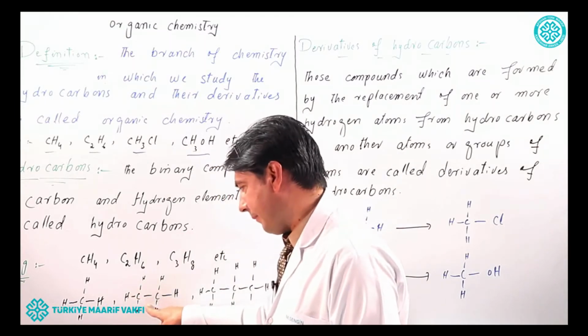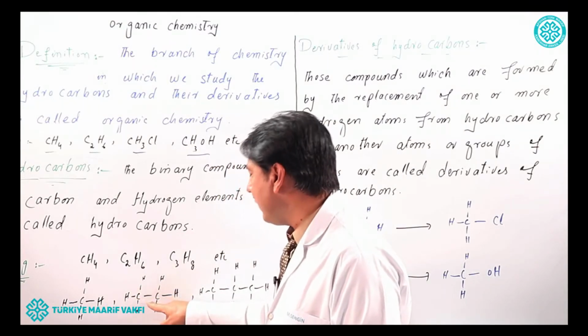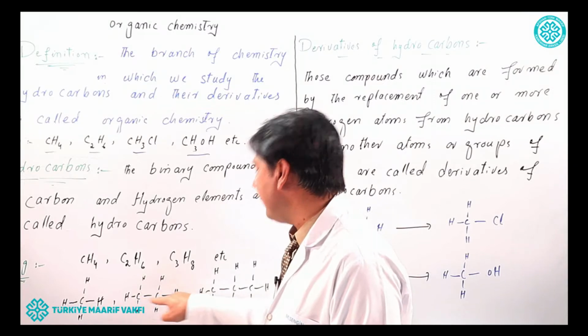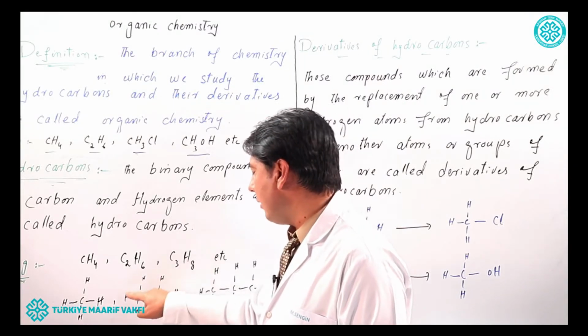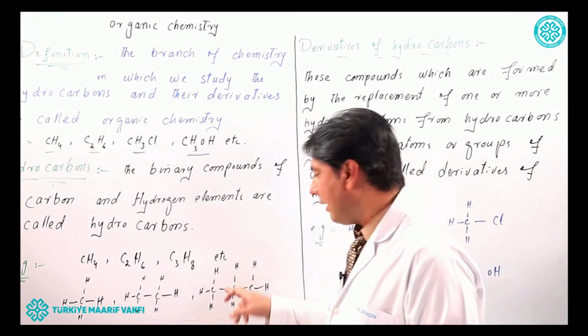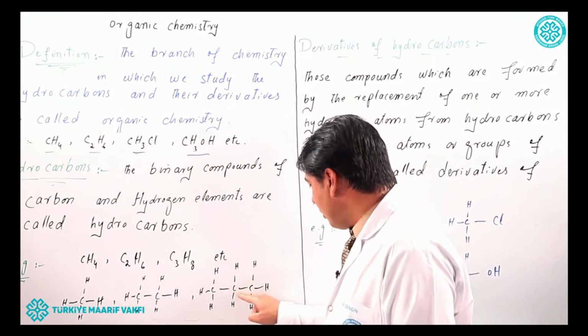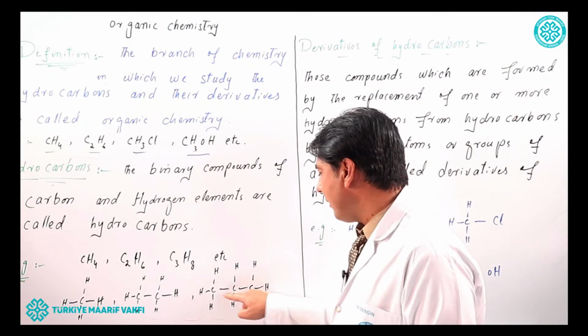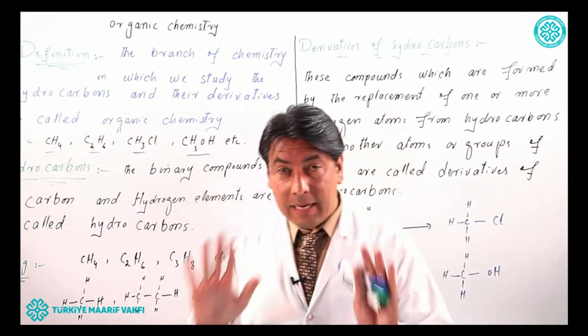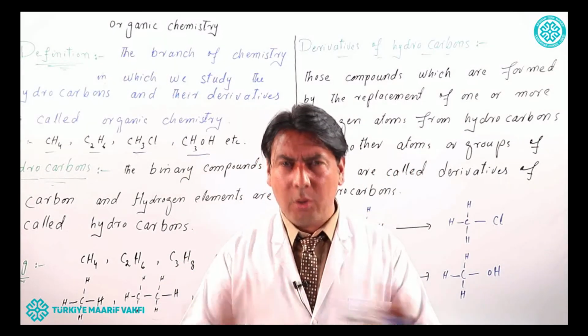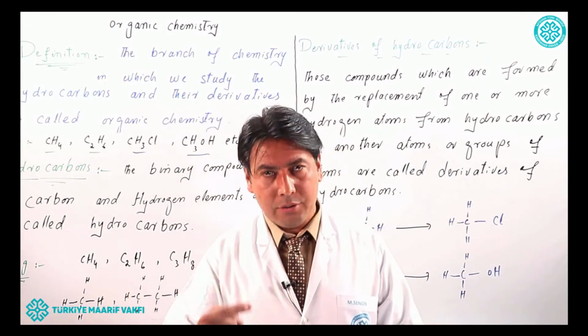Similarly, in ethane, 1 covalent bond is formed between carbon and carbon, and the other 3 covalent bonds are formed with hydrogen. Similarly, in propane, 2 covalent bonds between carbon-carbon and the others with hydrogen. So in a hydrocarbon, only 2 elements are present, hydrogen and carbon.